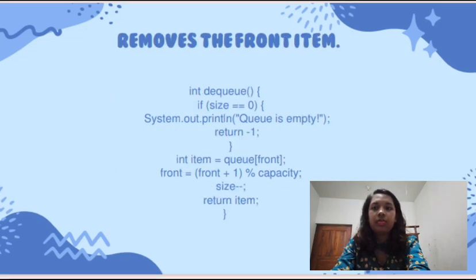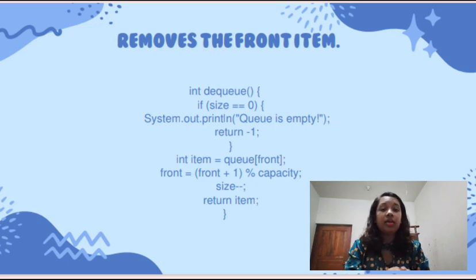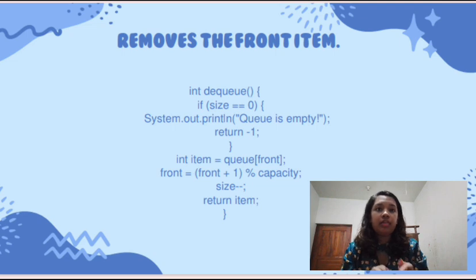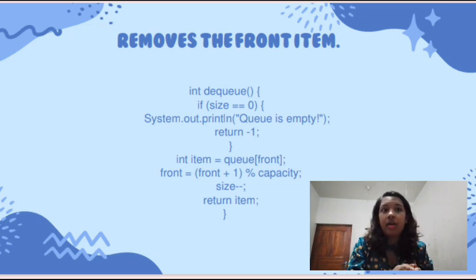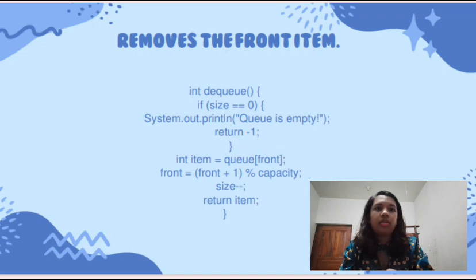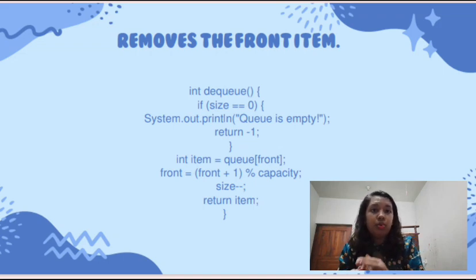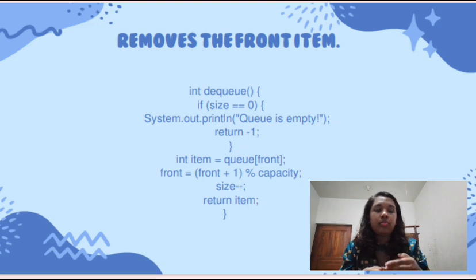And the third code snippet is remove the front item, and it checks if the queue is empty, and if size equals 0, it prints queue is empty and stops, and then it retrieves the front item and stores it in item, and moves front to the next position using this modulus.